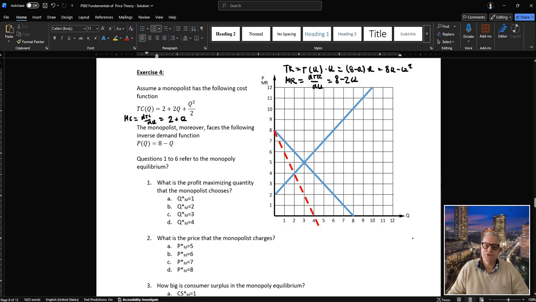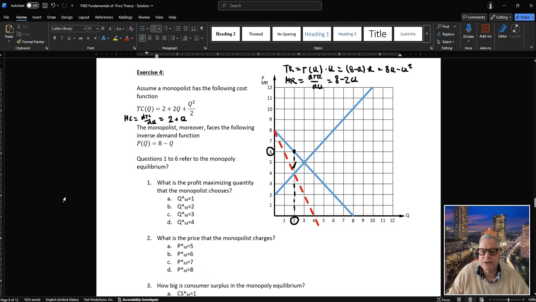So now we can see that the marginal revenue equals marginal cost at a quantity of 2. So that will be the profit maximizing quantity for the monopolist. And of course the monopolist will set the price of 6 and choose a quantity of 2.